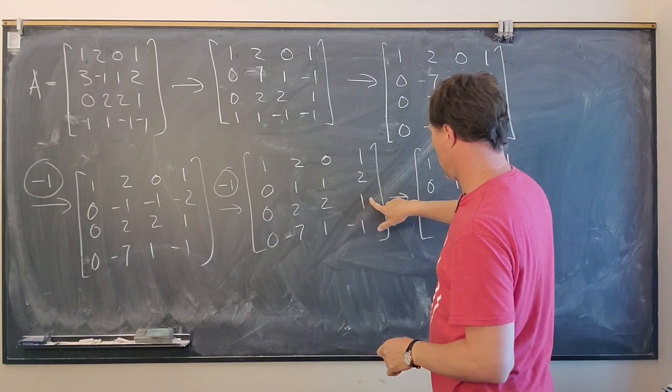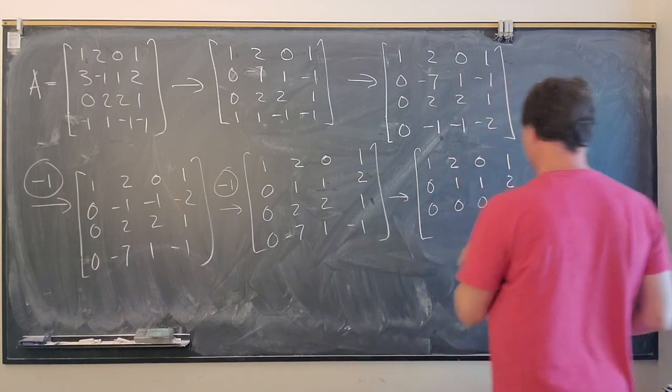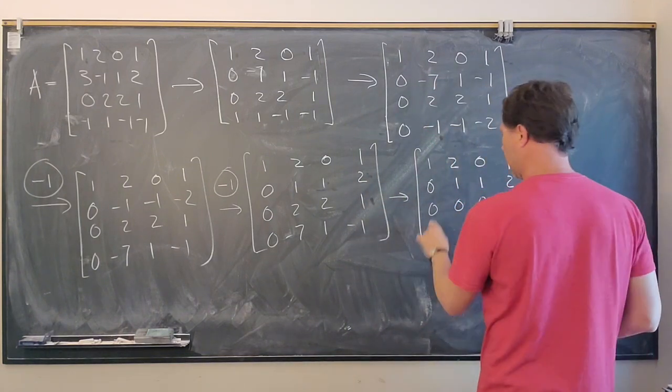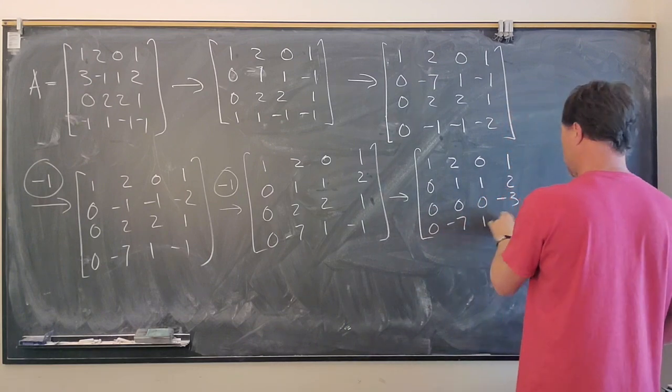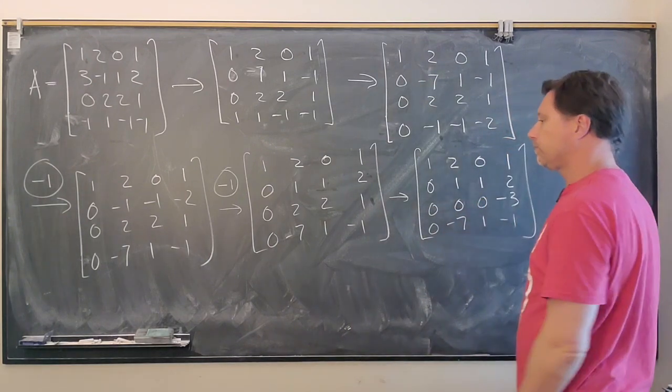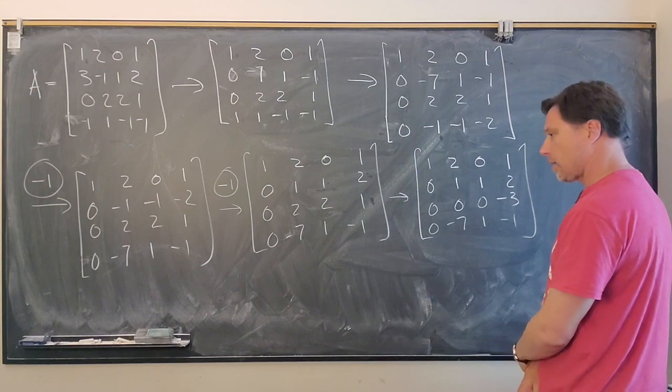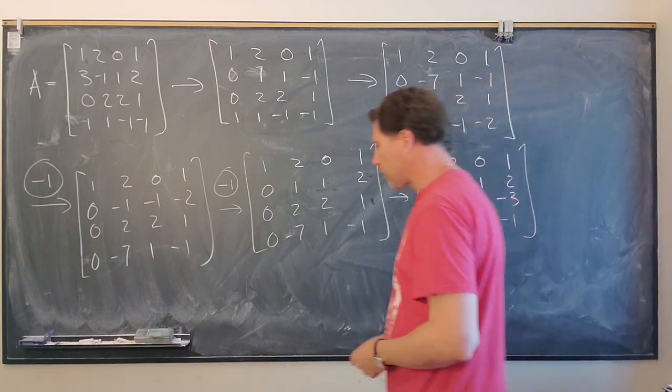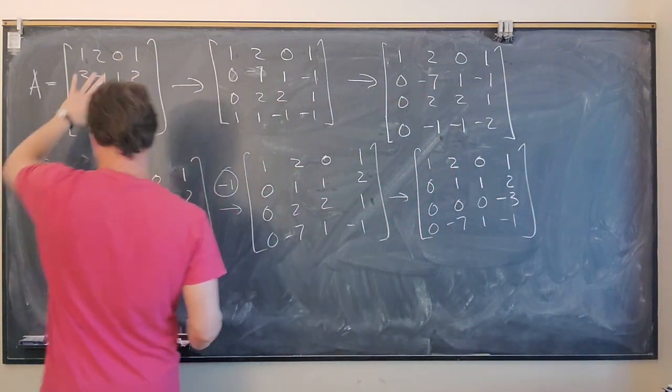Wait, negative 4 plus this is negative 3. And then we have 0, minus 7, 1, negative 1. And now I wish I had a bigger board, but I'm running out of space, so I'm going to have to move back up to here.